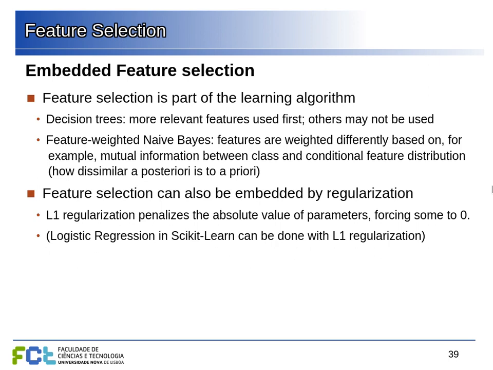For example, decision trees will look at one feature at a time to try to separate the data, and so we'll place the more useful features higher up in the tree, in the first branches, and leave the less useful features for later on. So decision trees are a way of doing embedded feature selection because they automatically choose which are the best features. Naive Bayes can also be done by weighting features differently according to how much information they are giving us, and so can be used for embedded feature selection.